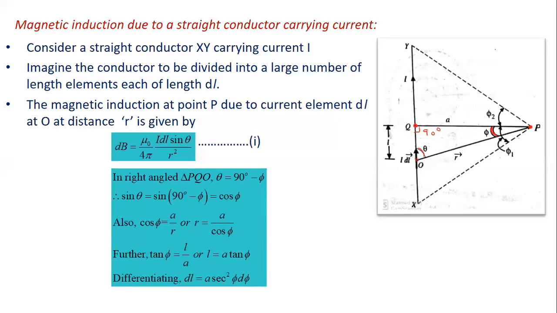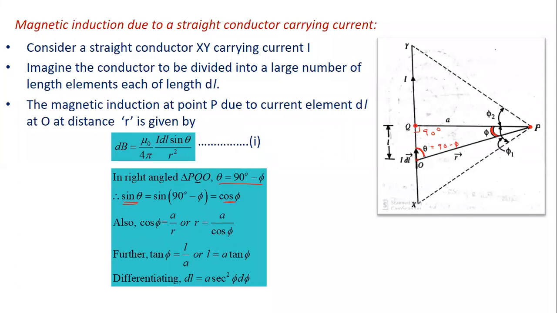Then theta is equal to 90 minus phi. Now let me take sine of both sides. Sine theta is equal to sine of 90 minus phi. But you know that sine of 90 minus phi is cos phi. So we get sine theta is equal to cos phi.